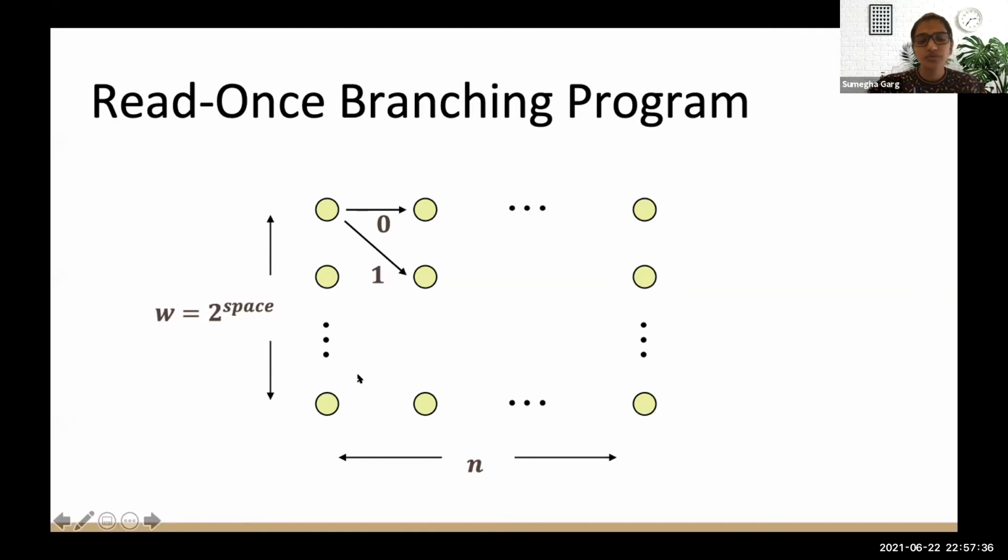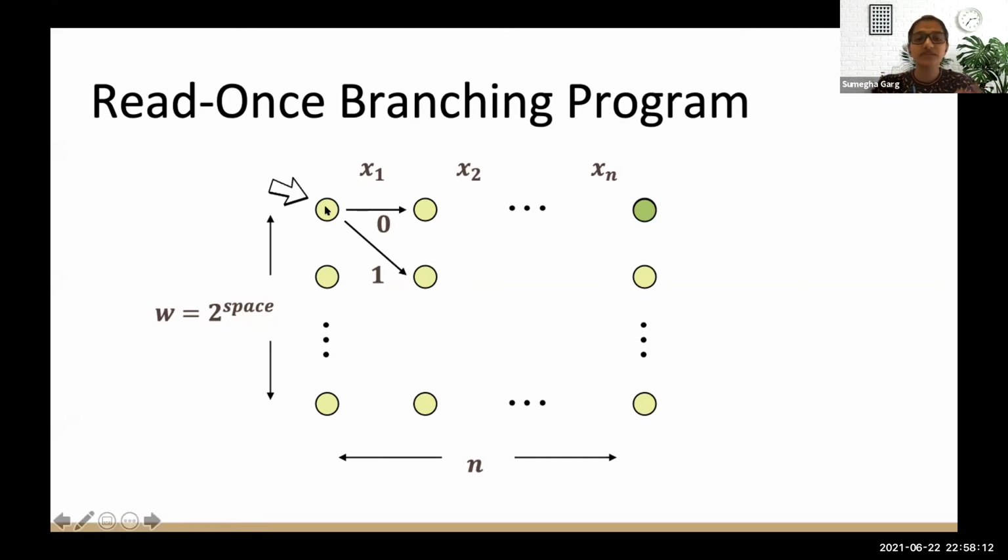So how do we process an input on a read-once branching program? We start at this vertex in the first layer, and then we transition through the program by reading each bit one by one, and we reach a vertex in the last layer. The last layer contains two nodes, one representing the accept state and one the reject state. If a path starting from the start vertex and reading the input x reaches an accept state, we say that the output of the branching program is 1 on that input.